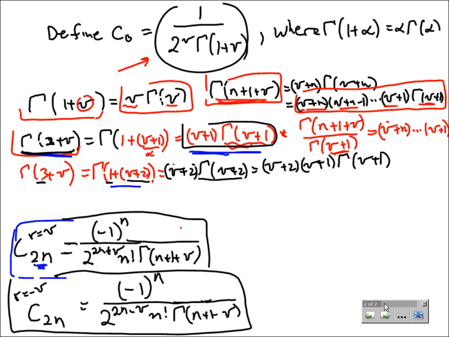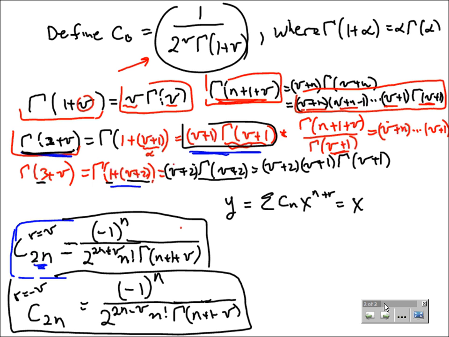Okay. Now, remember that we'll call it J sub v, one of the answers. Well, call it y for now. Remember that y was equal to the summation of c sub n x to the n plus r.